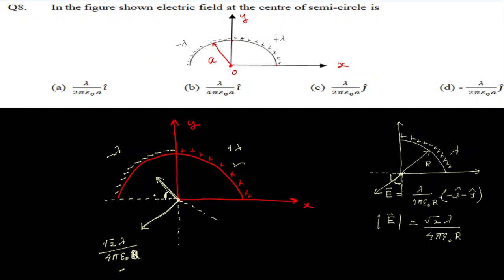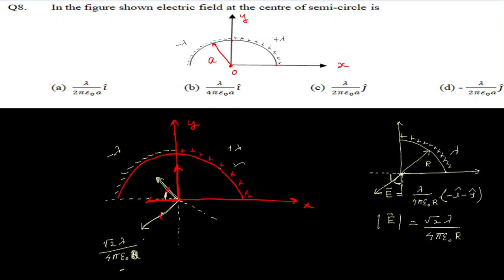So now you see we have two electric fields. For this part, we have an electric field along this direction, and for this part, an electric field along this direction with the same magnitude. So what will be the net electric field at the origin? For that, we have to decompose these electric fields into orthogonal components. One component will be along the positive y-axis and another along the negative x-axis.